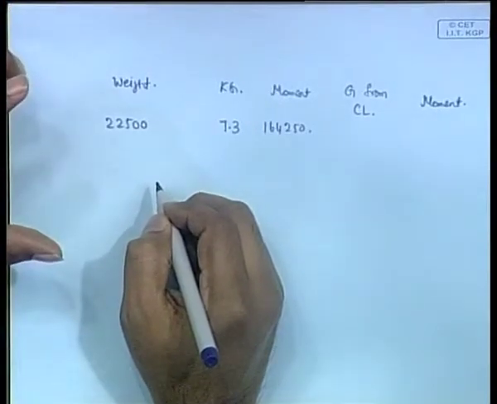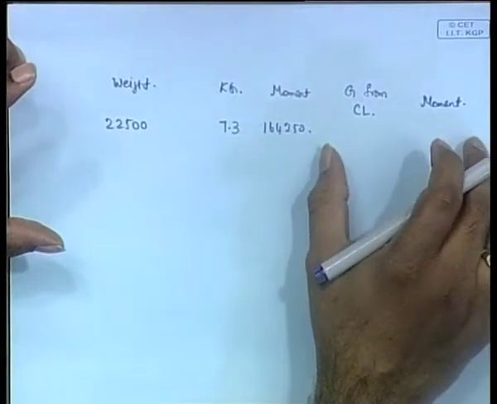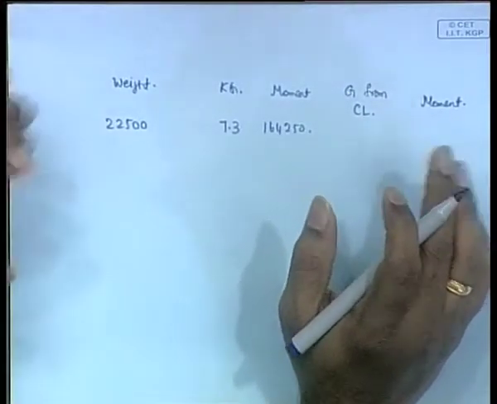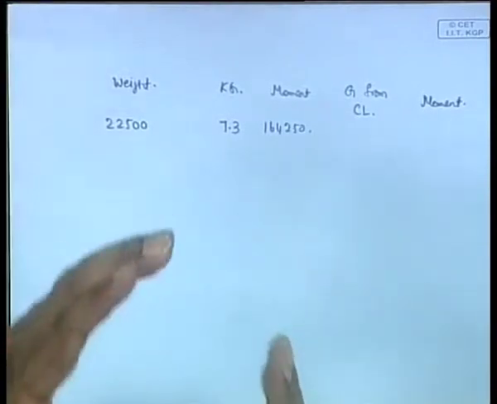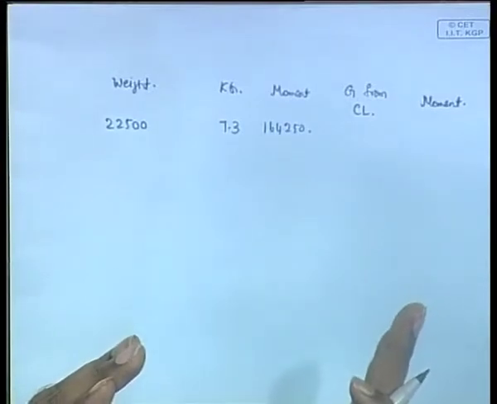Now, let us forget about the horizontal motion, let us consider the vertical motion alone to calculate the kg alone. What are we doing? You are shifting a weight of 150 tons.